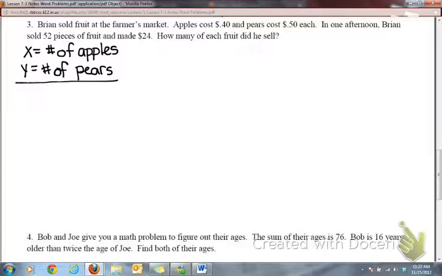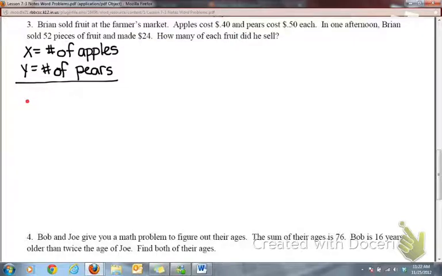All right, now we need to write our 2 equations. We have some money numbers: the apples were 40 cents and the pears were 50 cents, and he made $24. So just be careful as you use your decimals here. You don't have to use your dollar signs, but x is the apples and those were 40 cents.